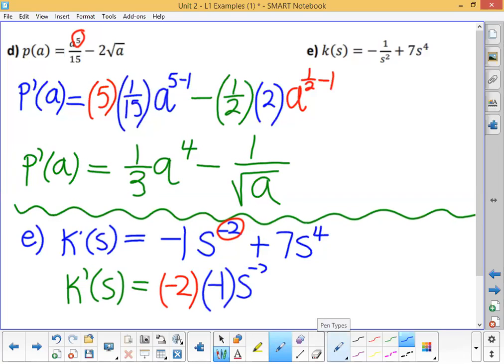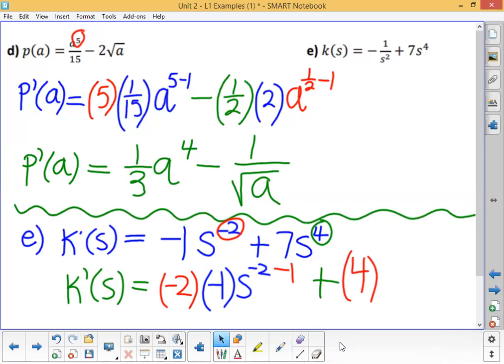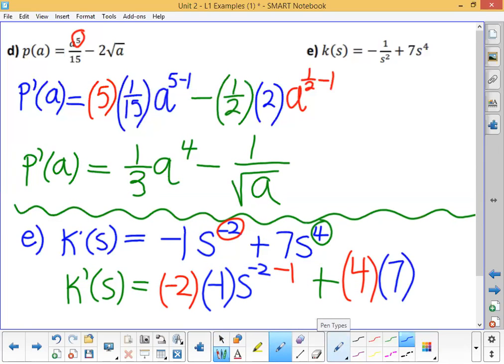I have s to the power of -2. I need to subtract 1 from that and, sorry, now take this +4, bring it down, multiply by 7. Notice just the 7 in brackets, s to the power of 4 minus 1.